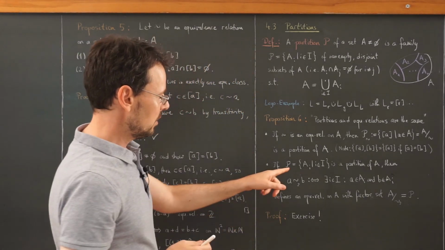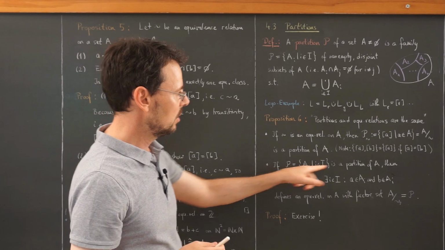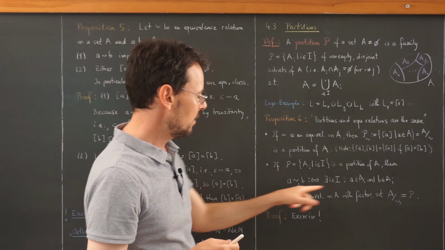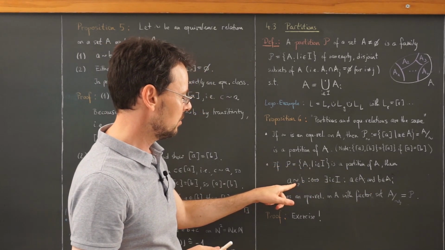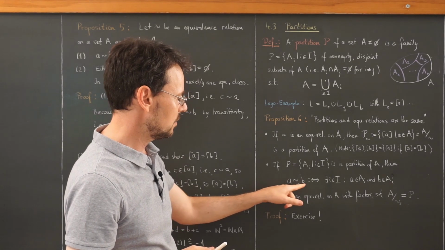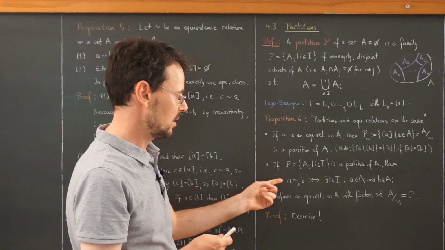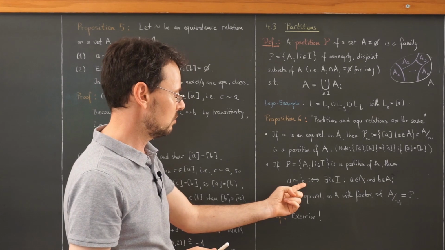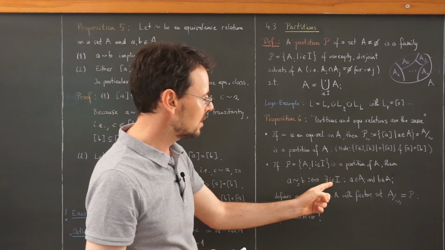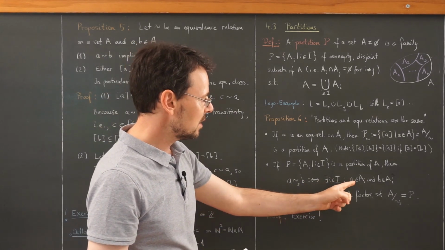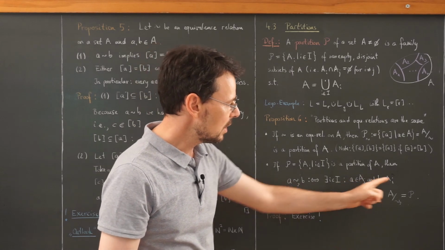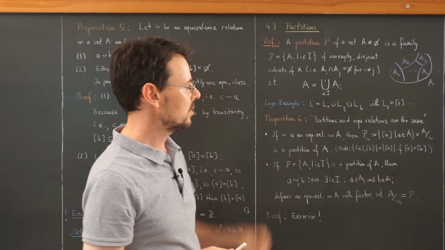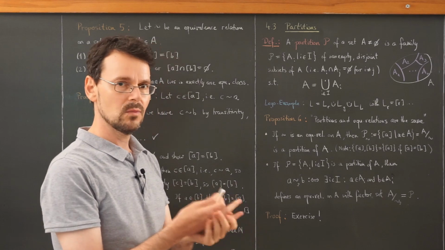So the other way around, if I have a partition of a set, then I define a relation by the following. I say a is related to b, or let's say equivalent, a is equivalent to b, if there is an index i such that a and b both lie in the same set of this partition. So I must find one index.